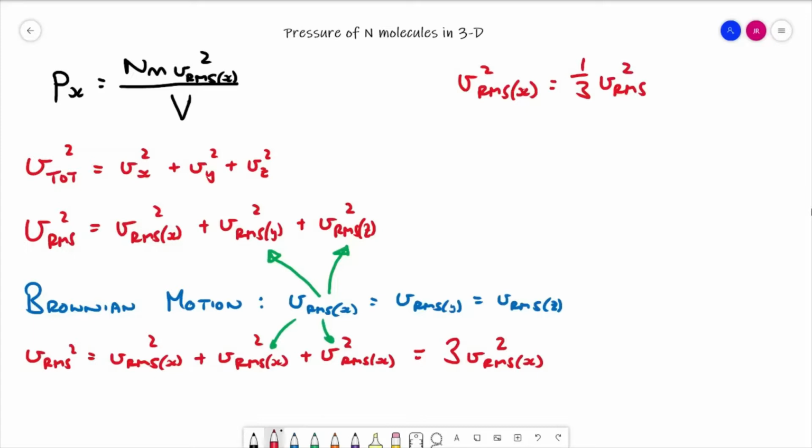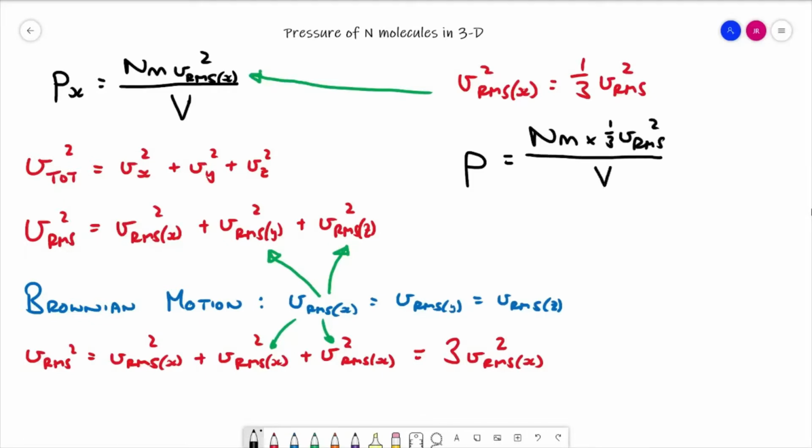So when we substitute that into our pressure equation, what we're left with is that the total pressure is equal to Nm multiplied by a third of the RMS squared over V. And then when we tidy that up, I'm going to multiply both sides by V, and we're left with P times V is equal to a third Nm times the RMS squared.